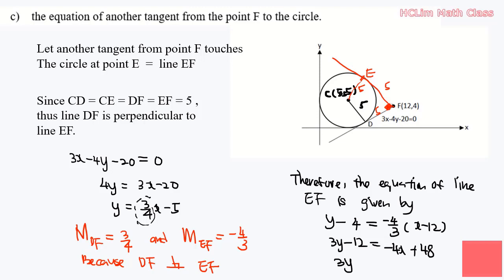So we have 3y plus 4x minus 60 equivalent to 0. So this is the equation of the other tangent.